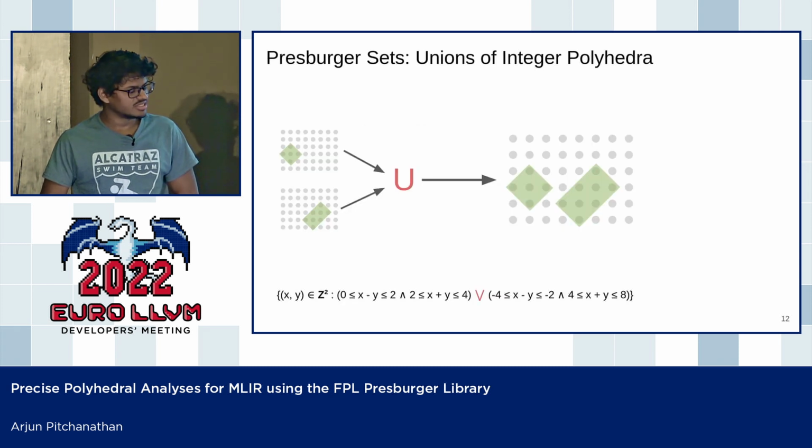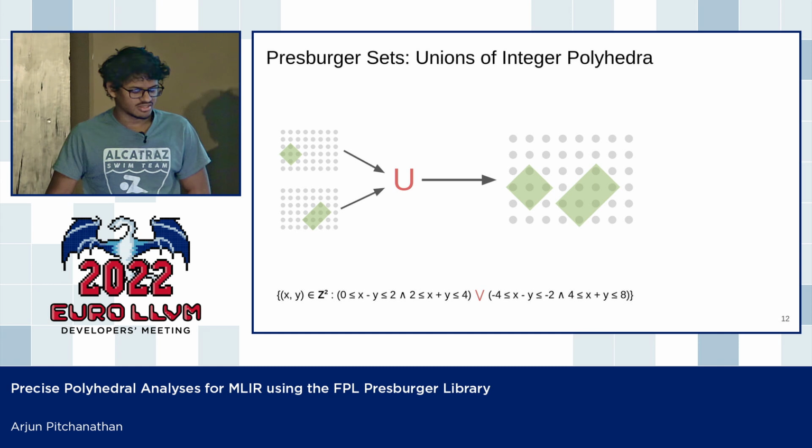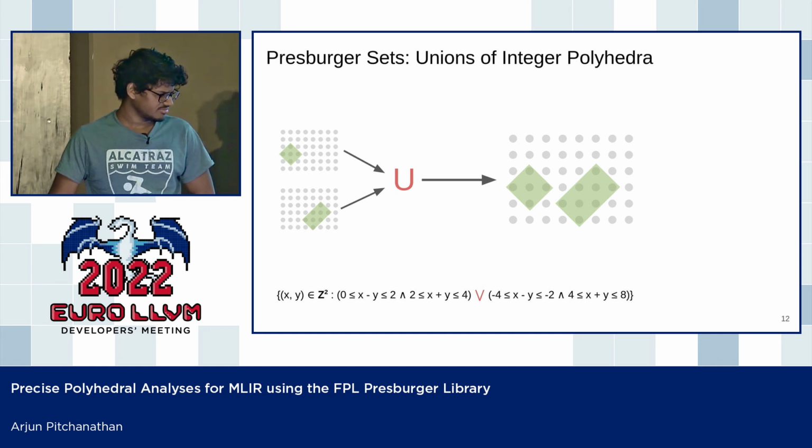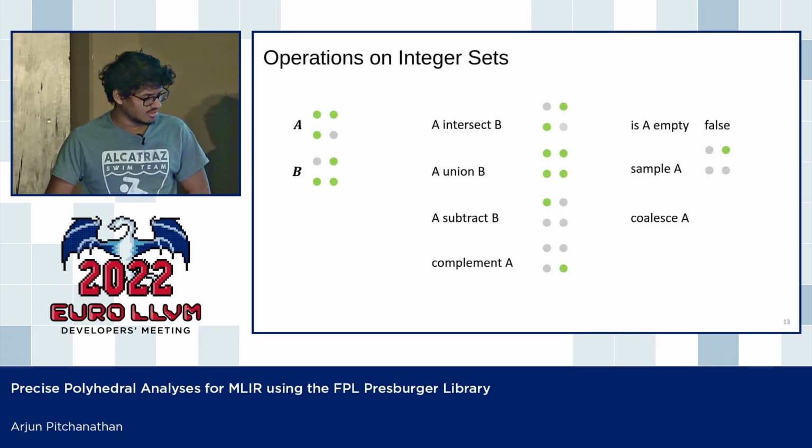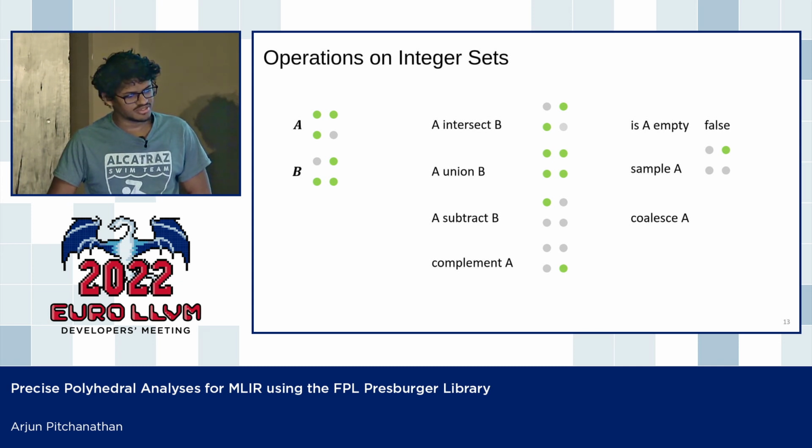And an additional thing that we support is unions of these. So instead of only having ands of these linear constraints, you can also have ors. This will come in handy later in simplifying redundant checks. And this was something that we actually upstreamed into MLIR, which was not previously available. And these are just sets, and we have standard set operations on them: intersect, union, subtract, complement.